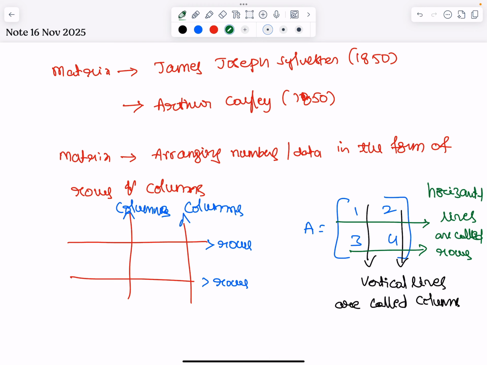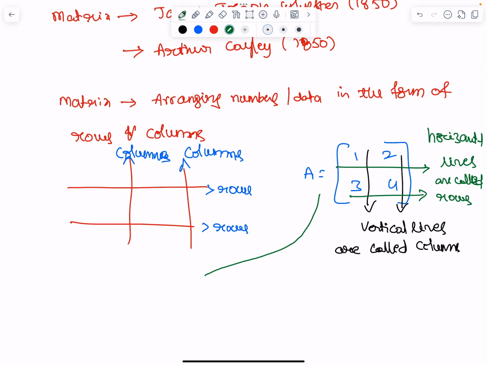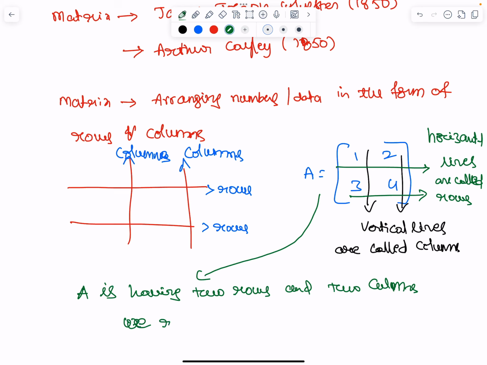So if you look at that, A is having 2 rows and 2 columns. We read A as a 2 by 2 matrix.